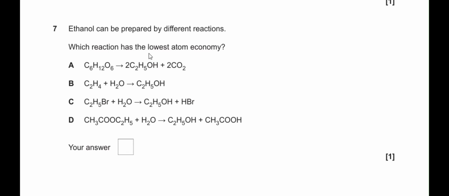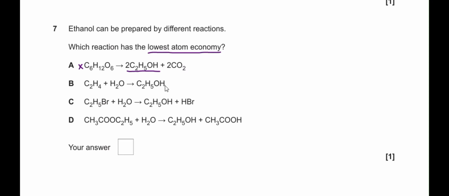So to figure out the one with the lowest atom economy here, we should be looking for the products with high atomic masses. For option A, there are 2 moles of ethanol and there are 2 carbon dioxide moles here. So it's not very heavy here, therefore it may not be our option.